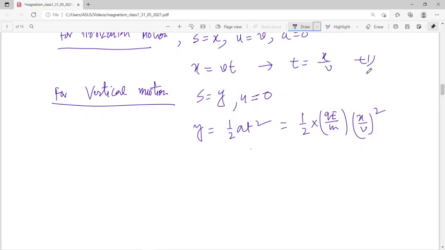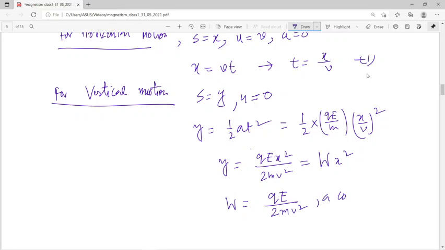So y is nothing but qE x square by 2m v square, or you can write it as w x square, where w is a constant, qE by 2m v square. So you will get the equation y equals some constant into x square.